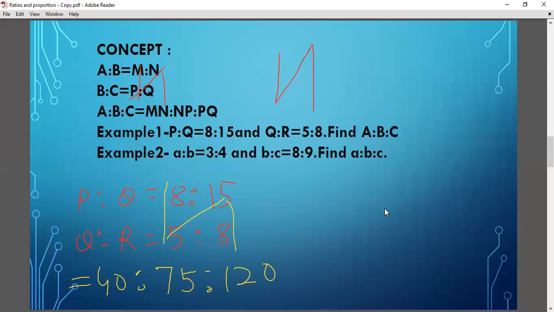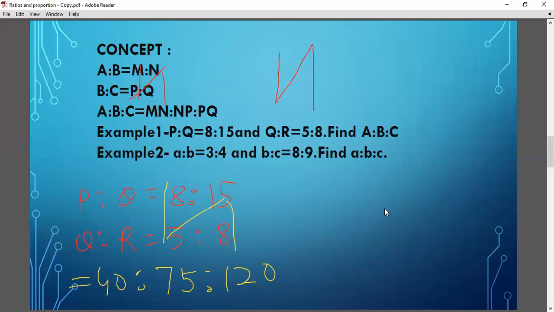So now we can also simplify this relation. The final ratio will be given upon simplification. If your answer can be further simplified to simpler terms, then you need to do that.